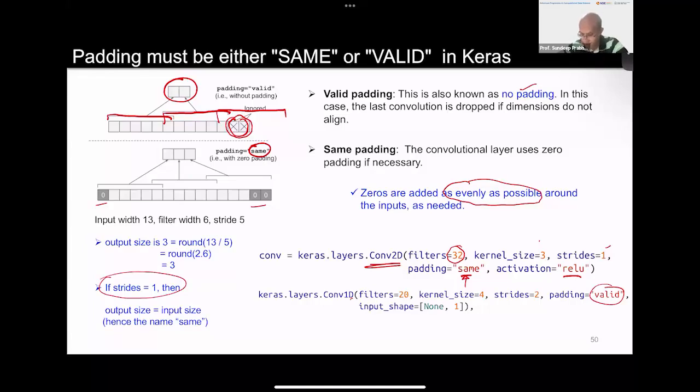The logic is if the stride is 1, it is going to add as many zeros evenly to match the input and the output size. Now, although in theory it is possible to choose different strides horizontally and vertically, you see that the only argument that you get to give is a number, which means that both horizontally and vertically you're using the same stride.